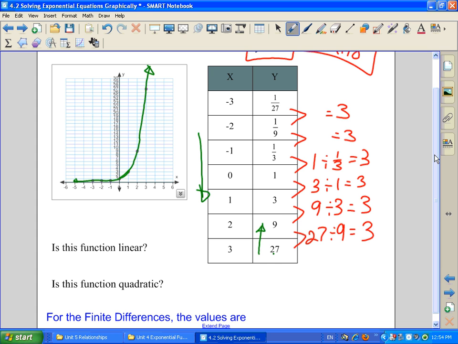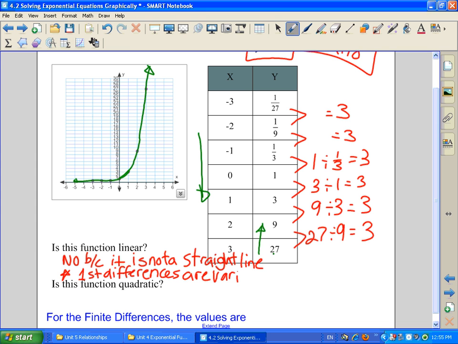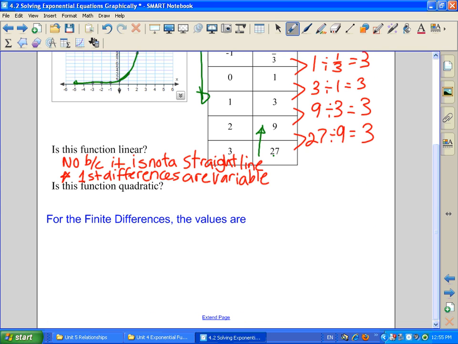Okay. So is this function linear? We're going to say no, because it is not a straight line. Or you could say different first differences, or first differences are variable. Second question, is the function quadratic? No, because you could say the graph is not a parabola.